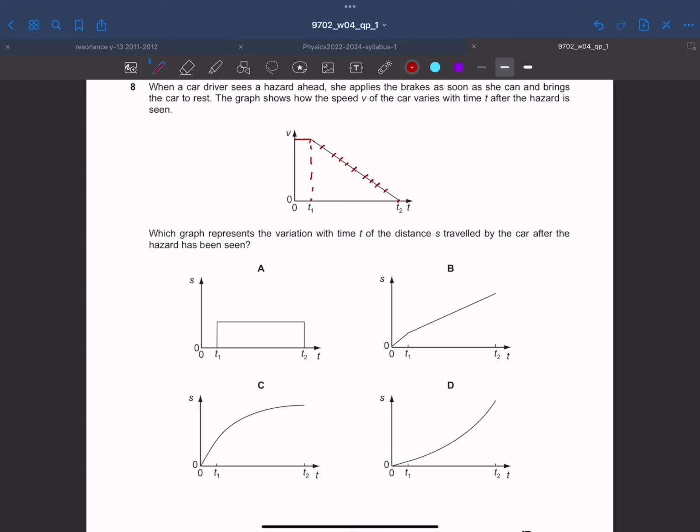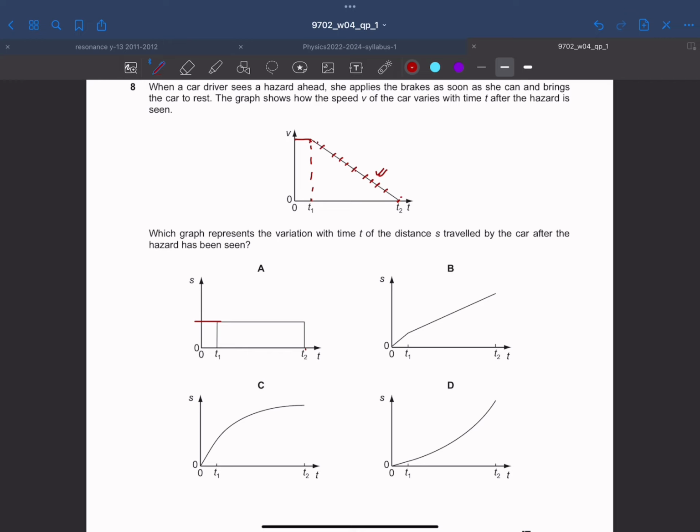This is important in this case. Between time t1 and t2, they are saying that the distance is constant. If the distance is constant, then there will not be any decrease or increase in the velocity. But as we can see here, between time t1 and t2, the velocity is decreasing.